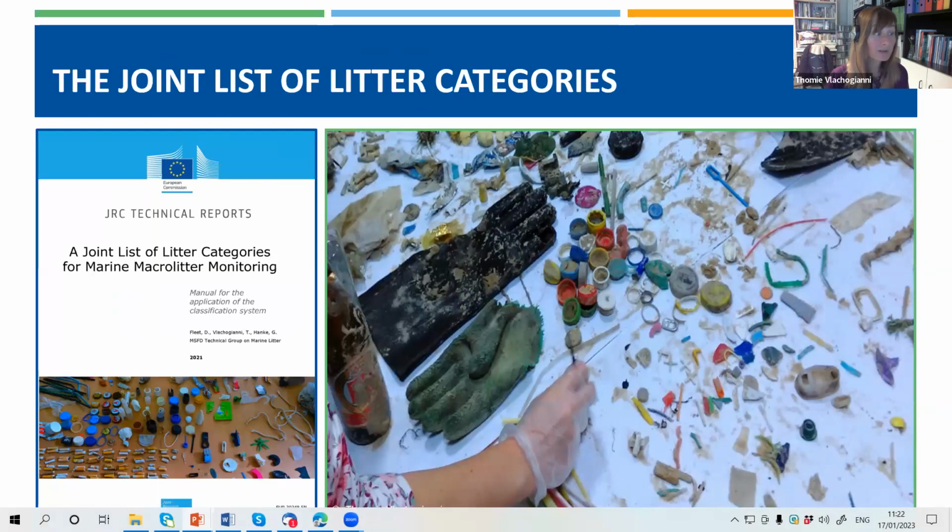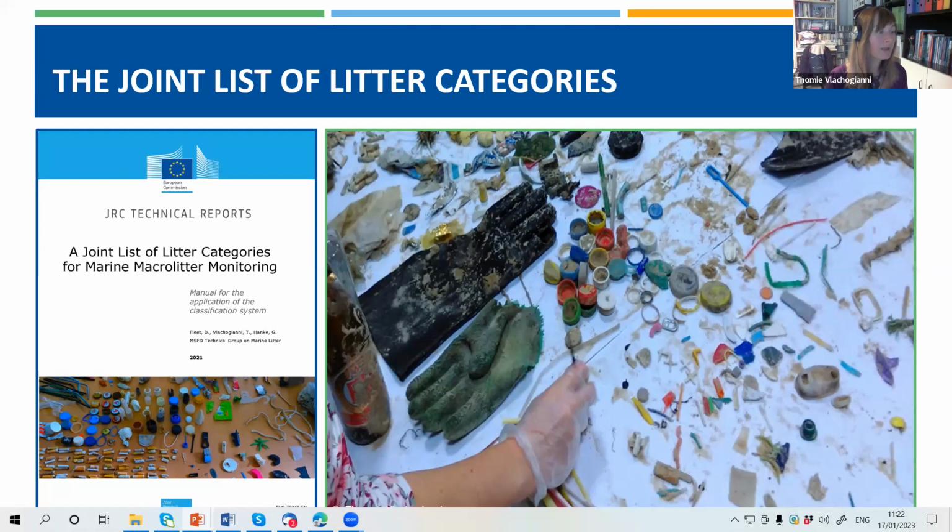And another important breakthrough of this group has been the elaboration of the joint list of litter categories. In fact, there had been a list, the so-called master list, that was adopted in 2013 and was applied not only by European countries, but also at global level. But in 2021, we have further refined this master list in order to include all the feedback from the different marine litter surveys carried out at European regional seas.